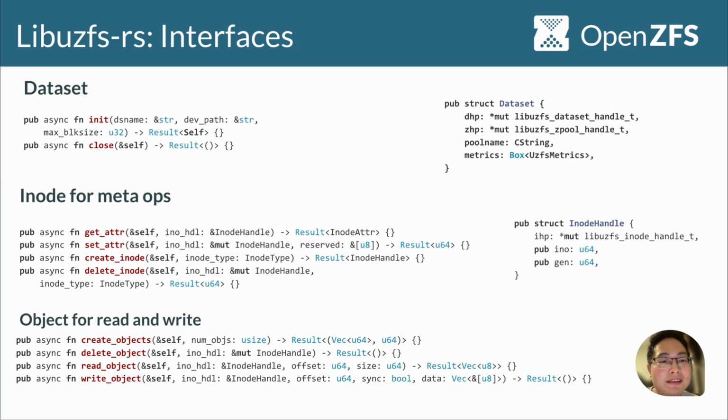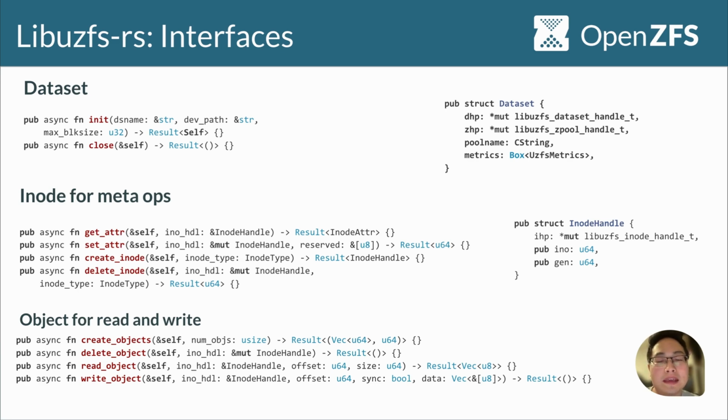Interfaces of libuZFS are divided into three parts. The first is about dataset and how to manage it. It includes init, dataset init, and dataset close. The second is anode operations, which stores metadata like attributes and directory entries.